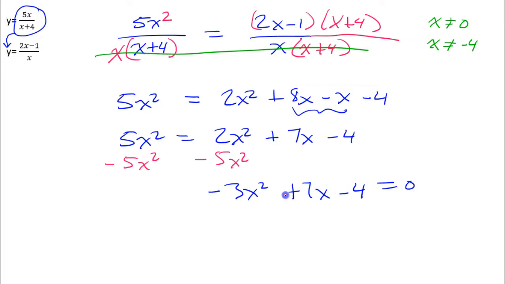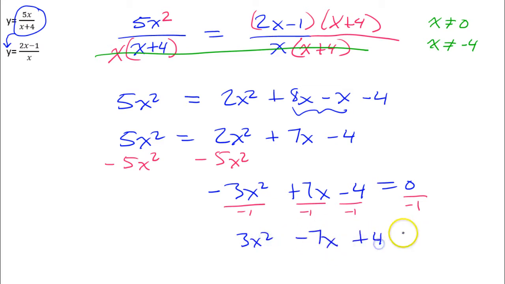But like I said, to be able to factor this and such, I would rather that the leading coefficient were positive. So I'm just going to divide everything by negative 1 now, which is legal. So that's going to give me 3x squared minus 7x plus 4 is equal to 0.